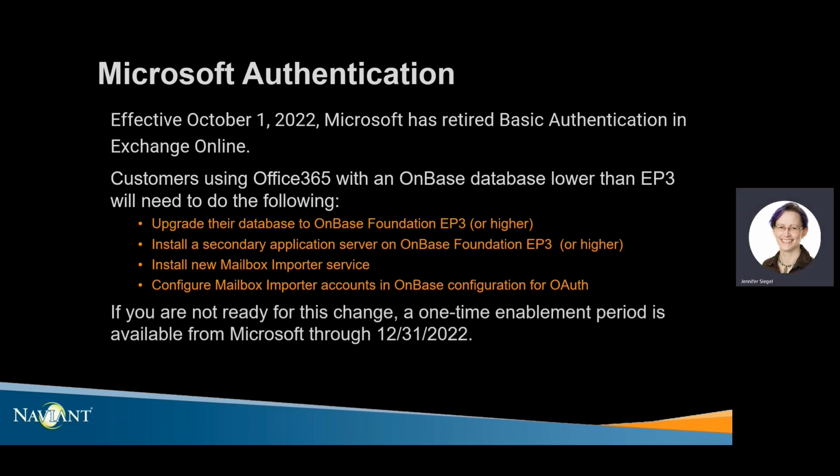If you're not ready for this change, a one-time enablement period is available from Microsoft from now through the end of this year. That enablement period will allow your current configuration to function while you work on getting OnBase to a level compatible with OAuth.